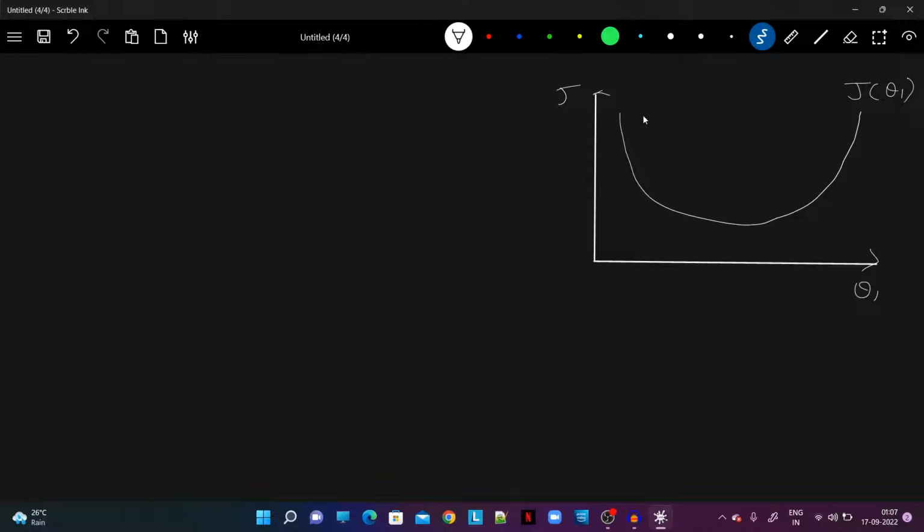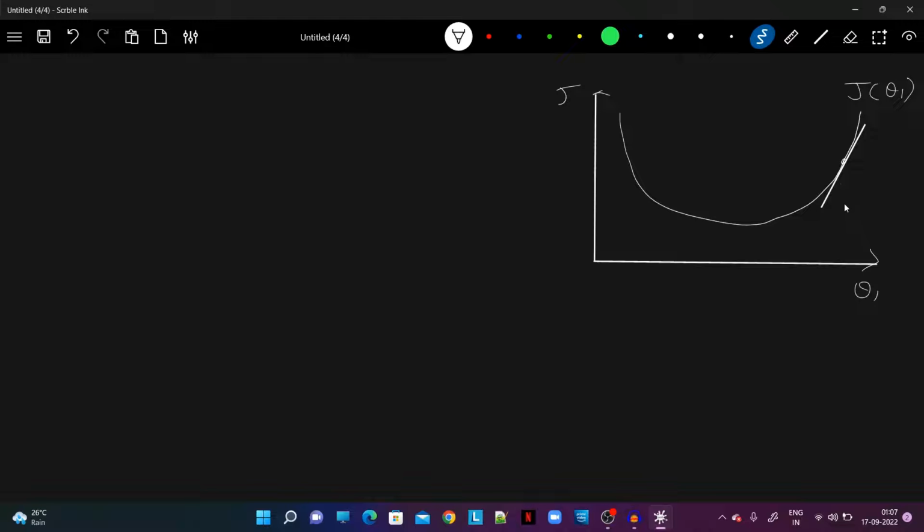So at any point in this particular graph, say here, if you would plot a tangent at this particular point, how would the tangent look? It would look something like this, right?